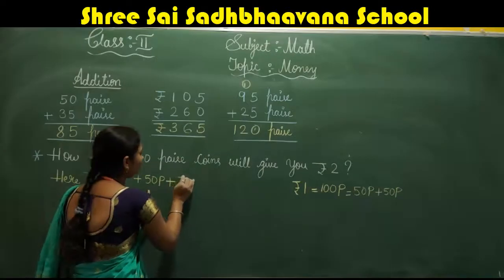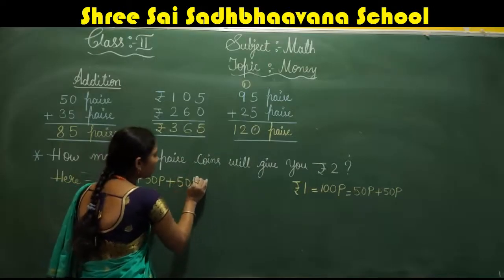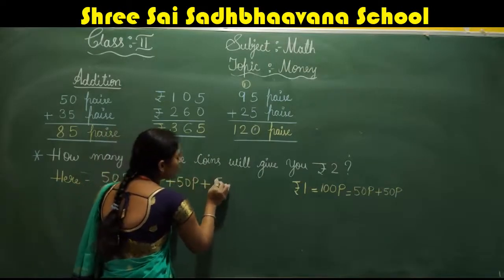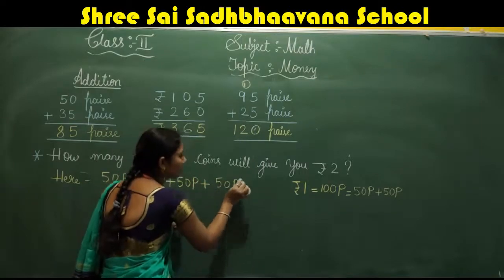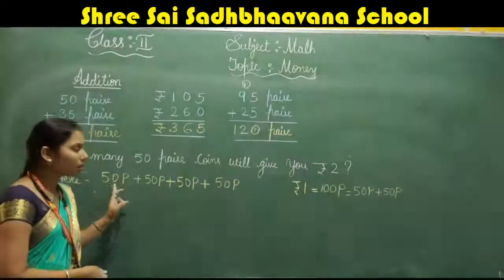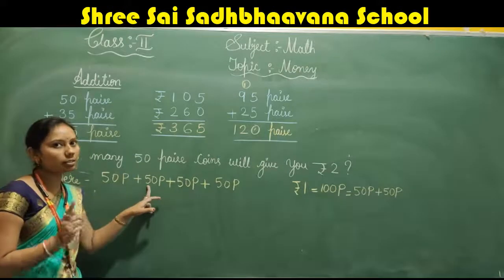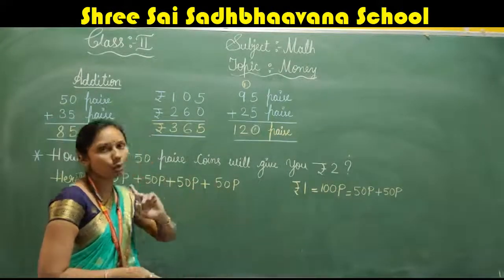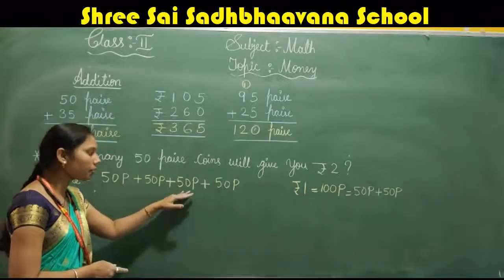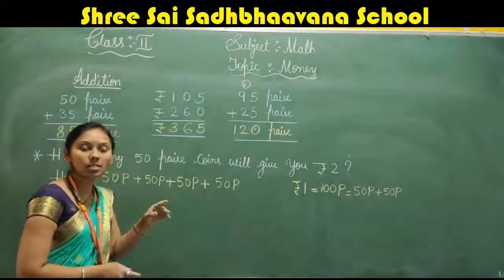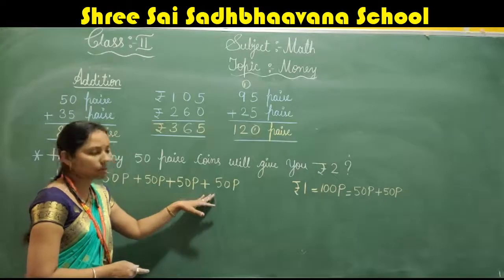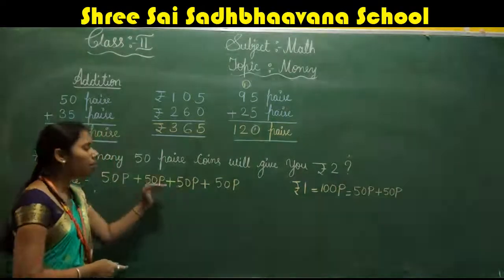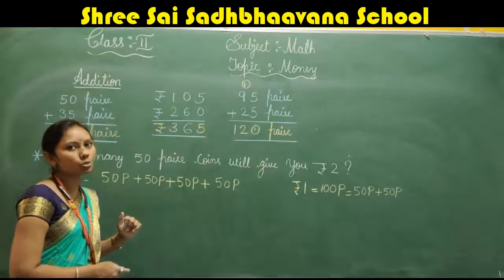Next, 50 paisa plus 50 paisa is equal to 100 paisa. I told you that 100 paisa is equal to rupee 1. So again 50 paisa and 50 paisa is 100 paisa, that is one more rupee. So 1 rupee plus 1 rupee is 2 rupees.